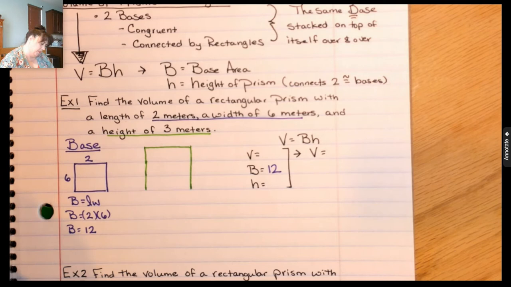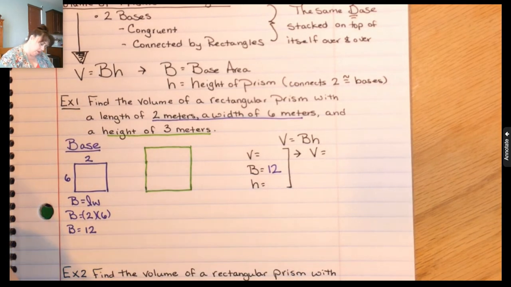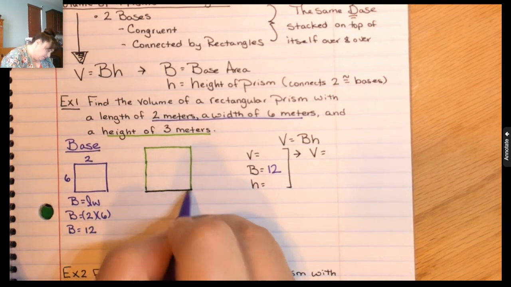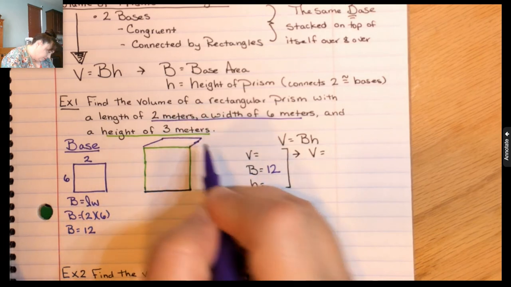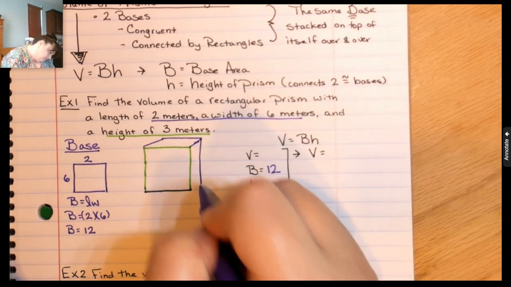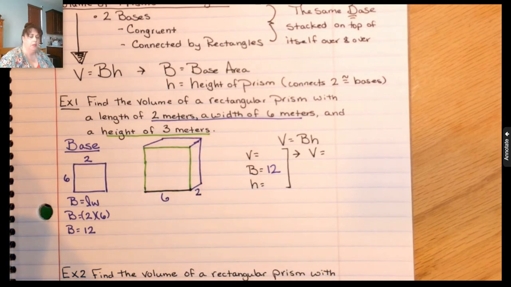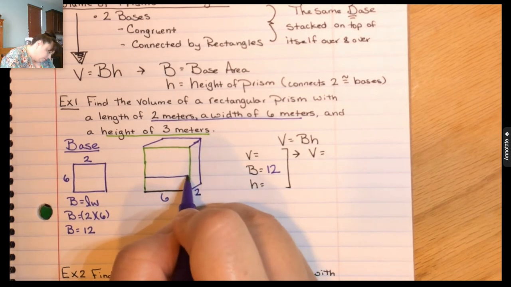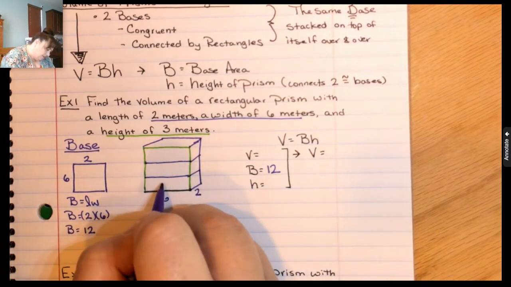And then we knew it was 6 by 2. So what we found here, this 6 by 2, was this 12.